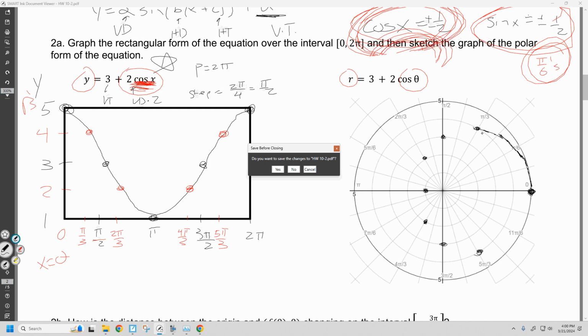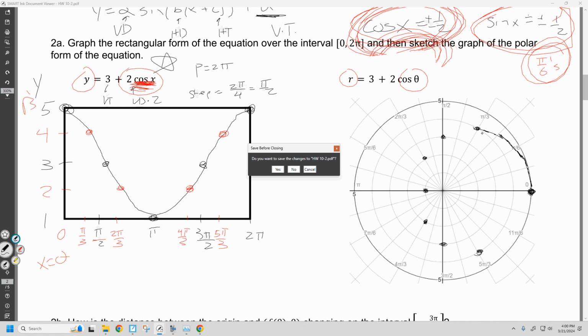But how does this graph going down respond to this graph? Tell your neighbors. The radius is decreasing. The radius is decreasing. So I should be getting closer to the radius of 4 as I get closer to the angle pi over 3.